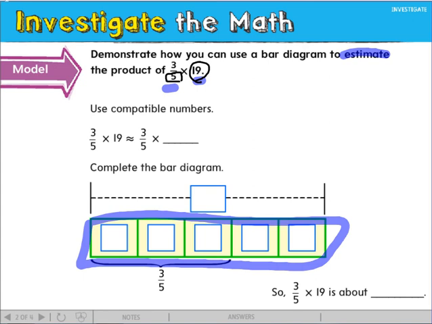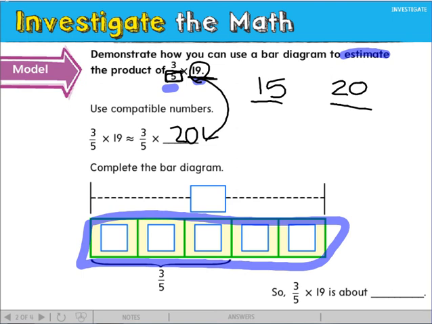So I just went over 19, right? What was my first number over 19? 20. What was my first number below 19? 15. By counting by 5s, I have the first number below and the first number over. Which one is closest to 19? 20 is closest. So we're going to take 19 and make it 20. That's all we're doing.